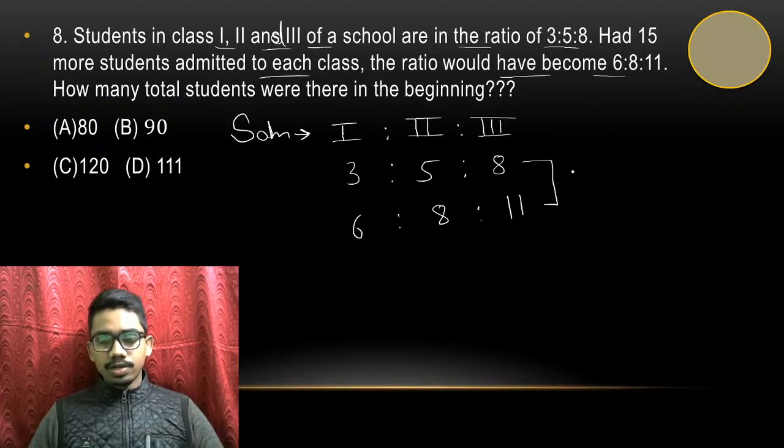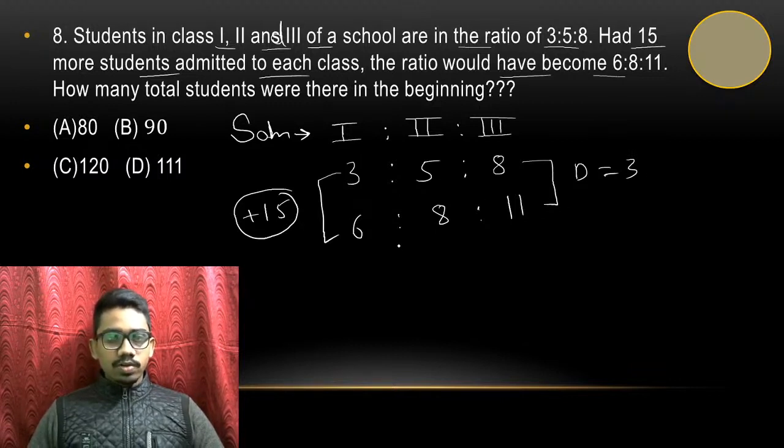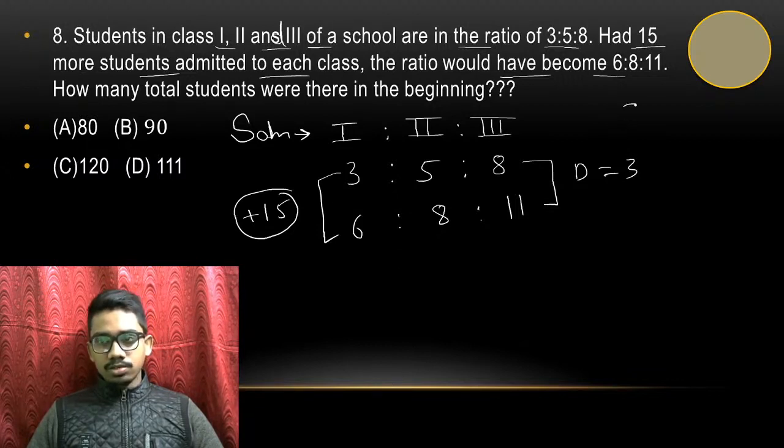If we look at the difference between the two, what is the difference? 8 to 11 is 3, 5 to 8 is 3, 3 to 6 is 3. And notice one thing, 15 more students were admitted to each class. So plus 15 students you have to add, and the difference is 3. So what do we need to do, guys? For the difference of 3, we are seeing 15 students are added.